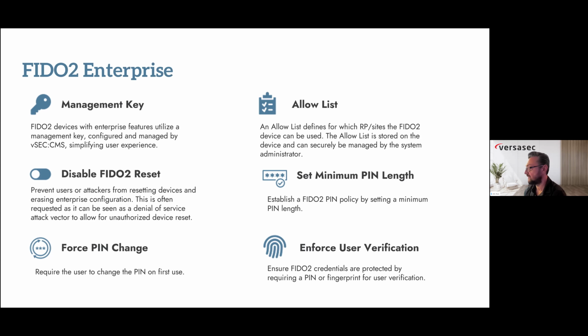The allow list is stored on the device and can be managed via the Versasec CMS administrator in the consoles. And last but not least, the FIDO2 device management key, managed through Versasec CMS, is really what makes it possible to manage and control these enterprise features. It allows you to enforce all these settings and policies.